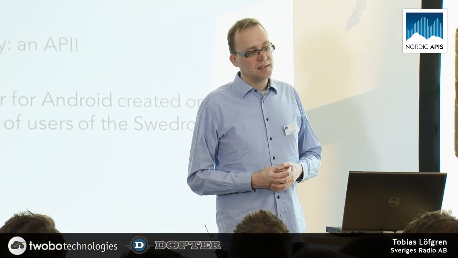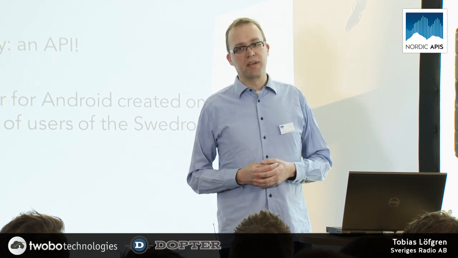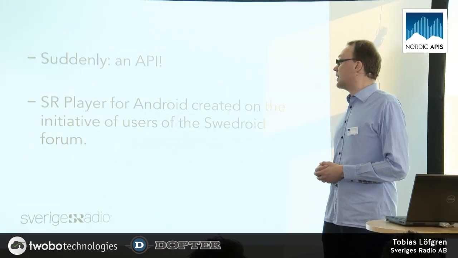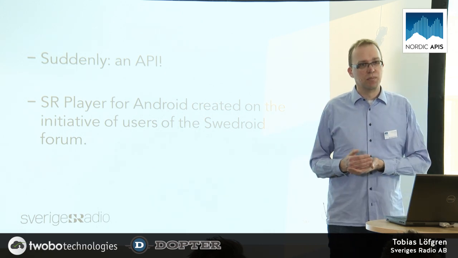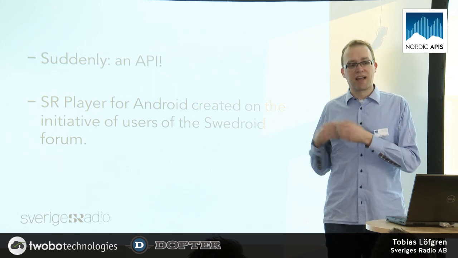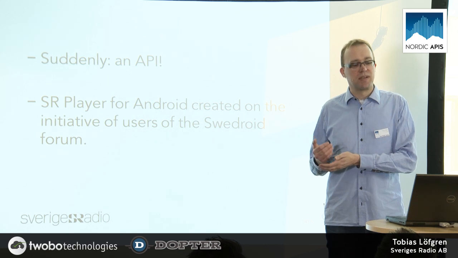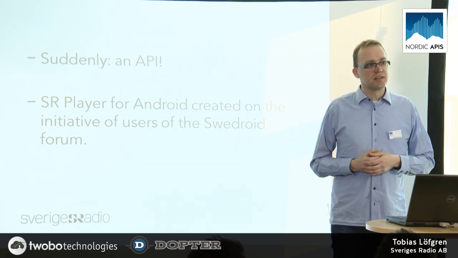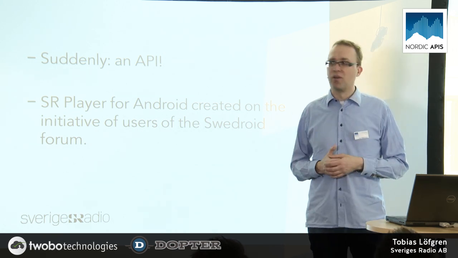As part of developing the iPhone application, we also had a need to get information about what channels we had available. We soon wanted to develop a way of sending live information, a live stream, to our app. We still only had the iPhone applications. We didn't have any Android applications, which annoyed a lot of people.